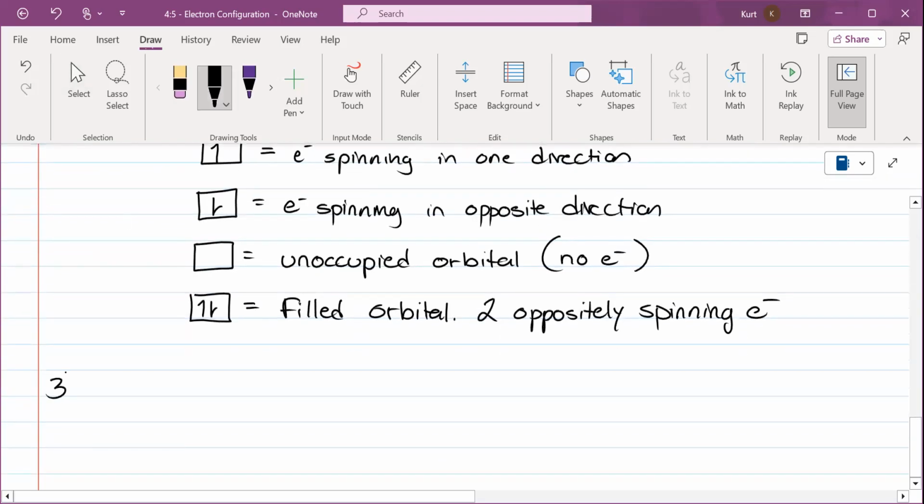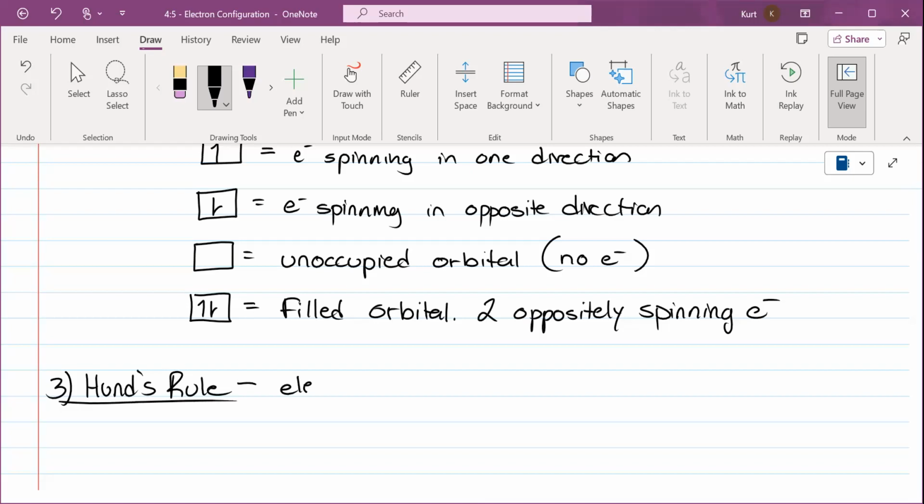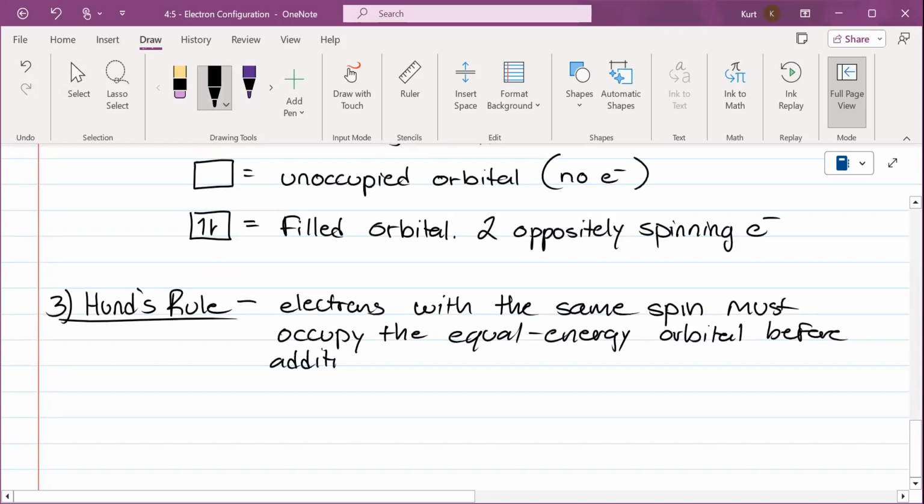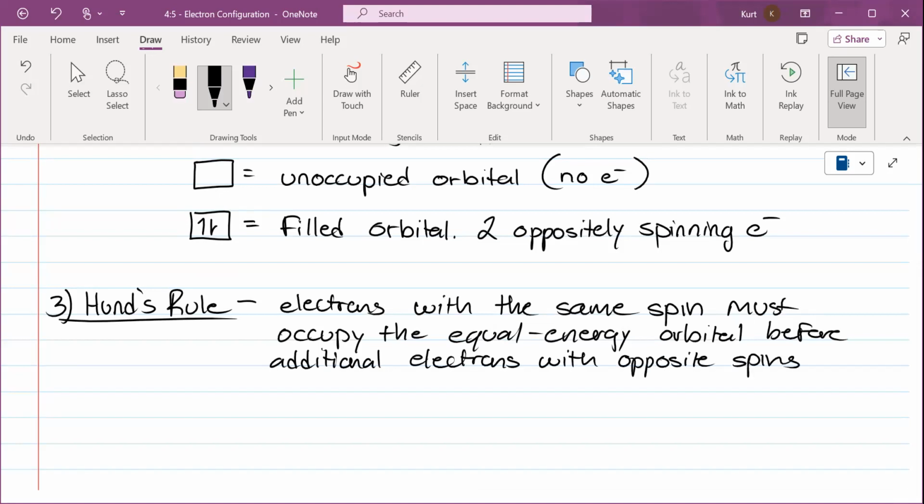Okay, and the third and final rule, it's called Hund's rule. Electrons with the same spin must occupy the equal energy orbital before additional electrons with opposite spins can occupy the same orbitals.